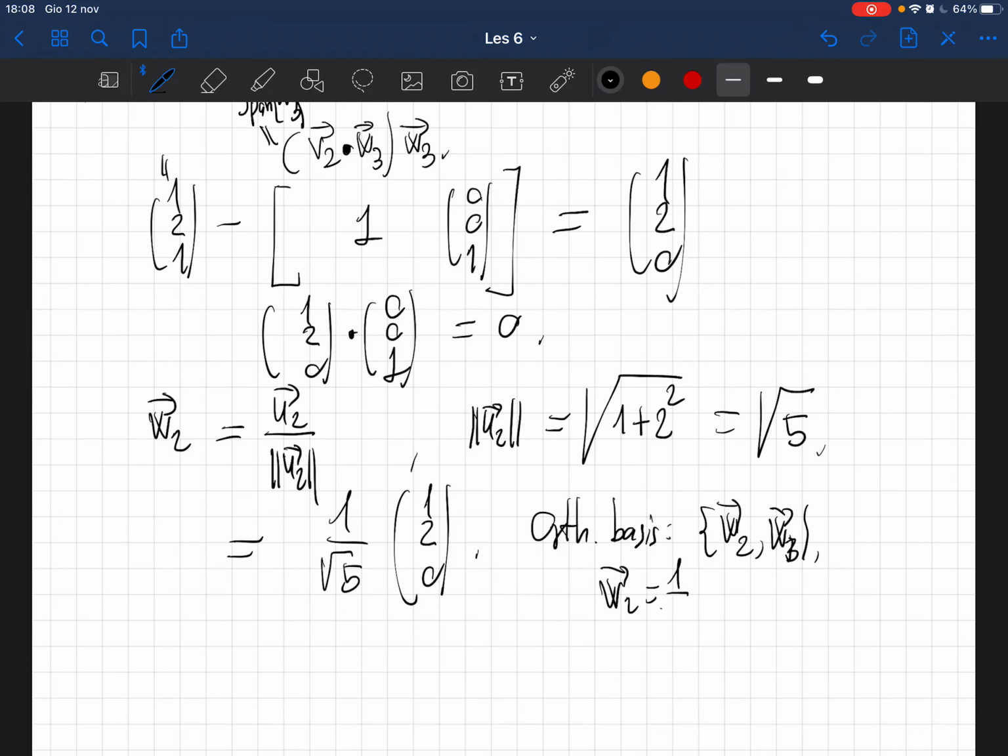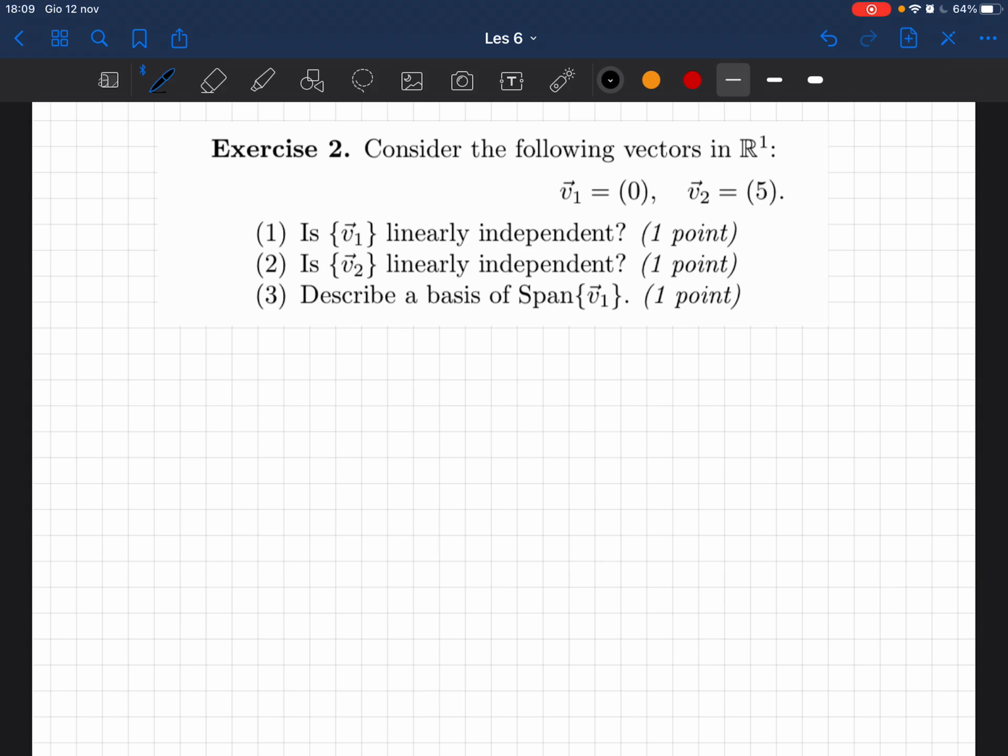R1, just the real numbers, is a genuine vector space. It's an example with n equal to 1, which is perfectly okay. So linear independence, basis, and so on make perfect sense even in this context.